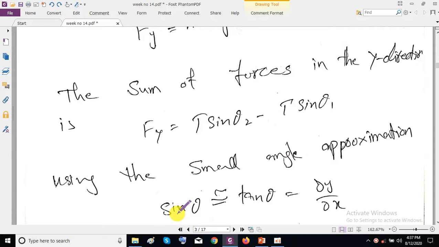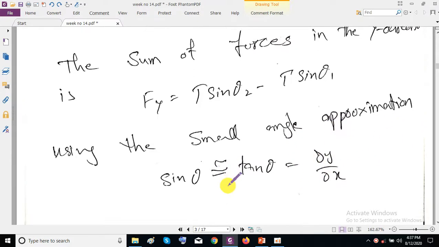And tangent theta is denoted in ordinary differential equations by dy by dx, and here we use the partial sign because y is a function of two variables, x and t, so we call it partial y by partial x.